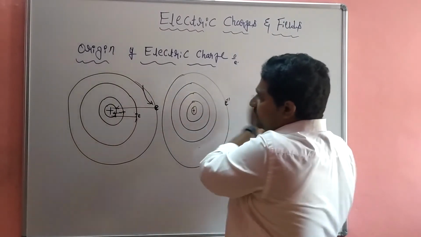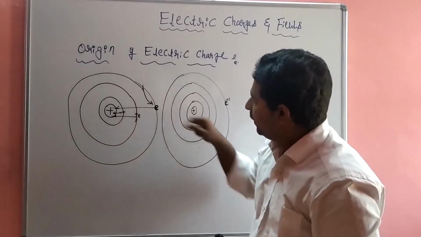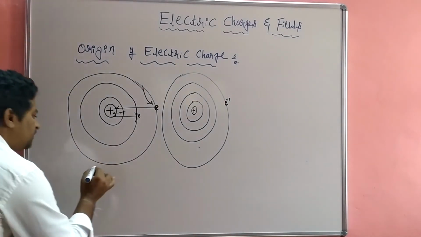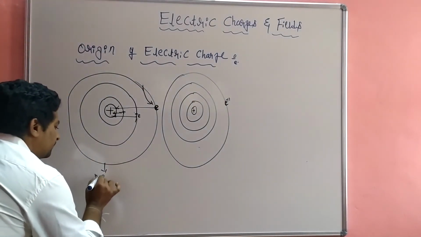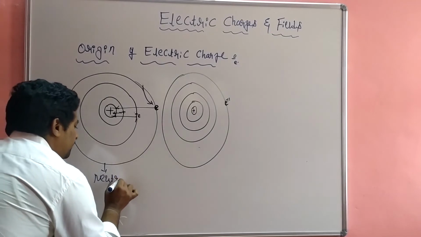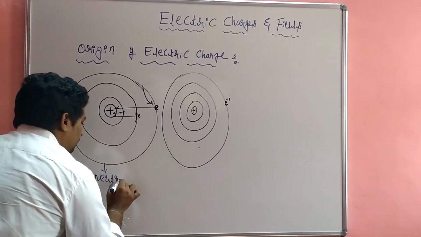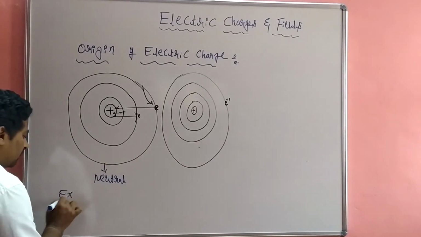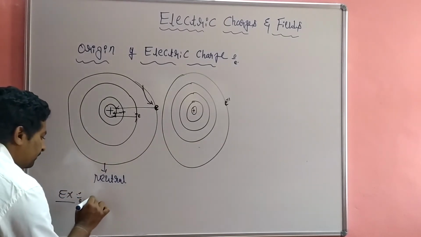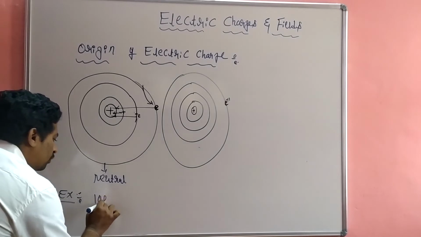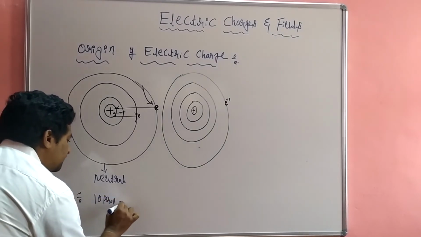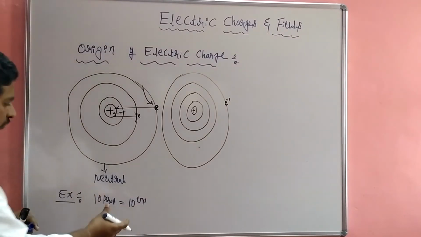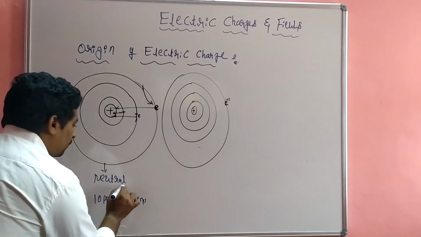When it loses the electron, for example, initially this is neutral. Initially neutral means, for example, 10 protons equal 10 electrons. The number of electrons is equal to the number of protons. This is neutral.